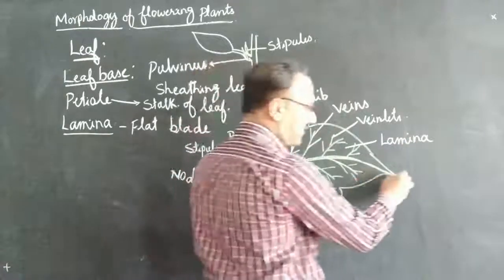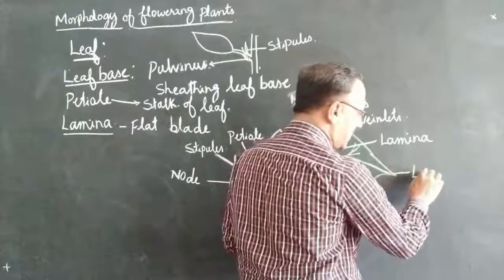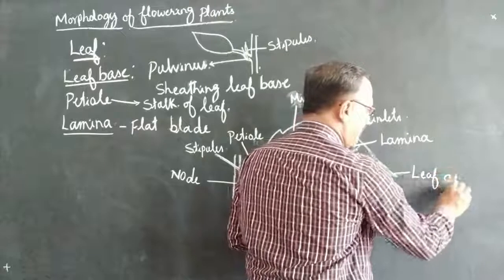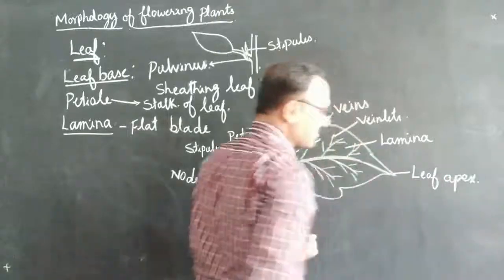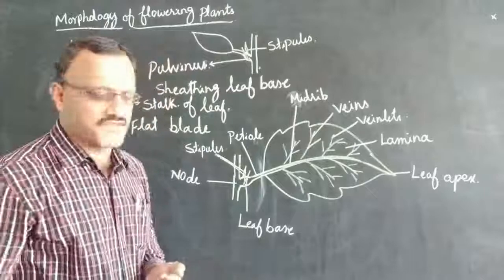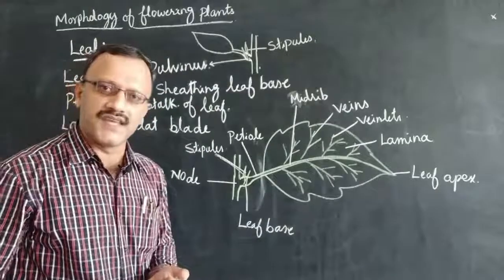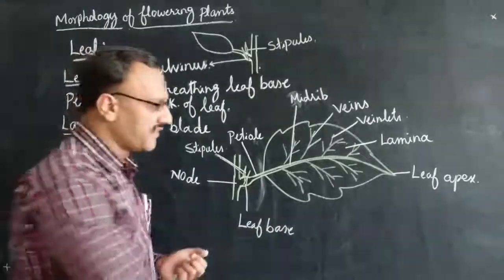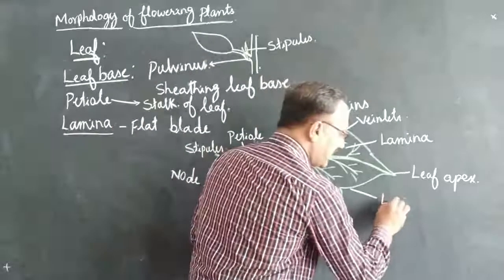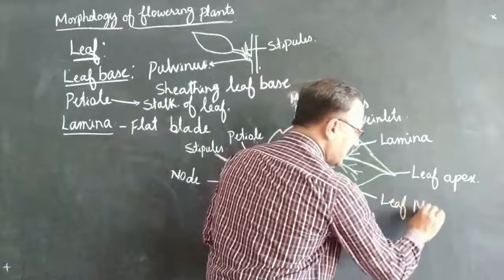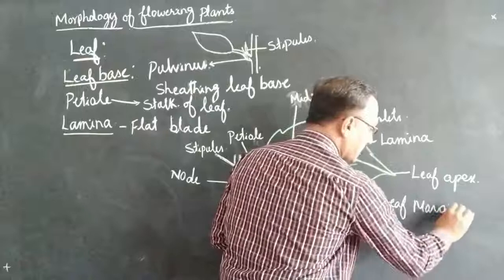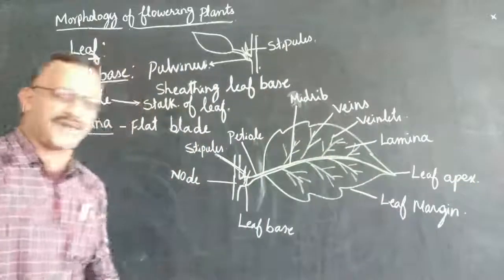The terminal part of the leaf, that is the tip of the leaf, is called the leaf apex. And the margin of the leaf, which may be smooth or may be serrate in some leaves, is called the leaf margin. So these are the different parts of a typical leaf.